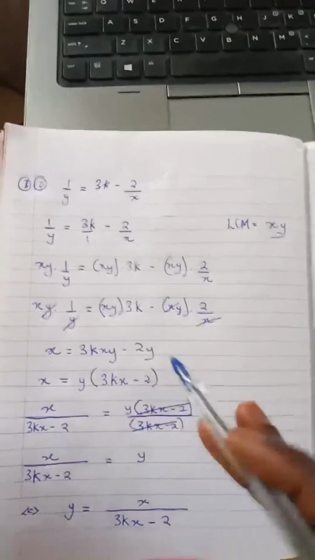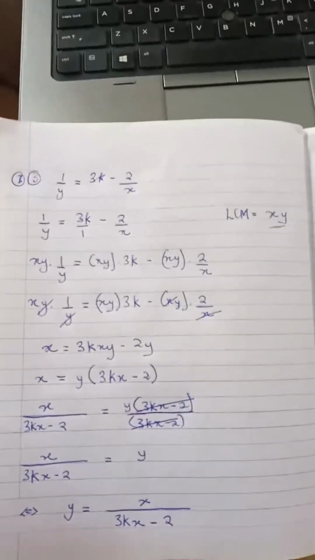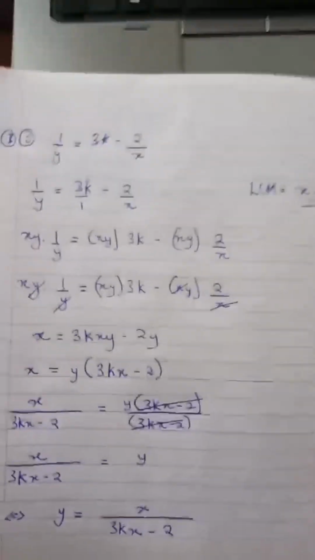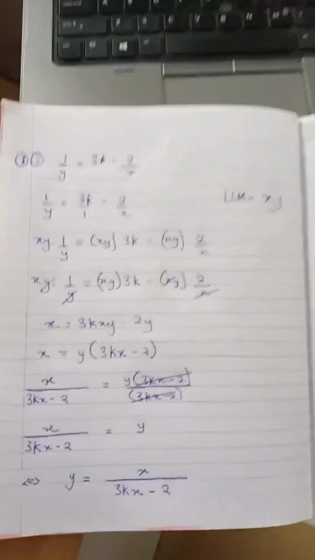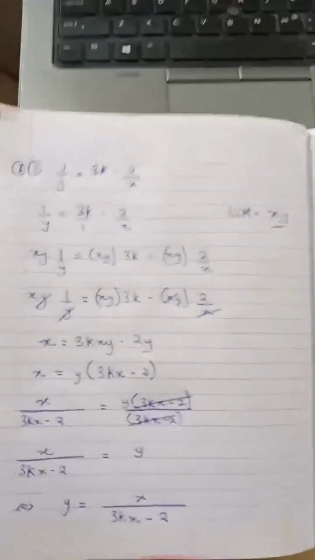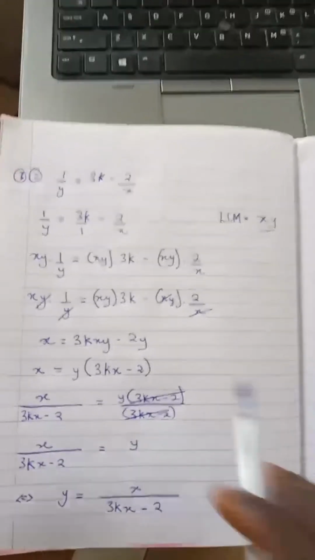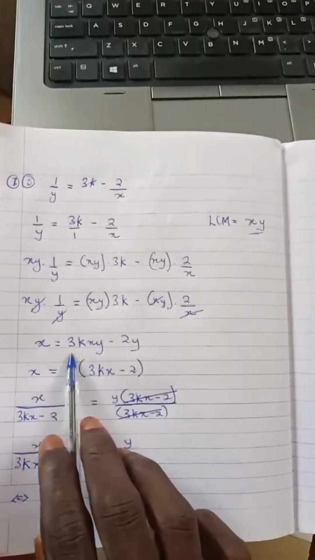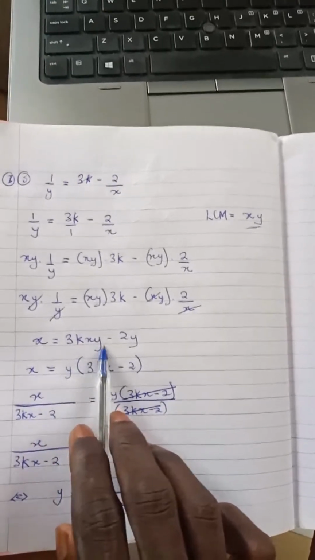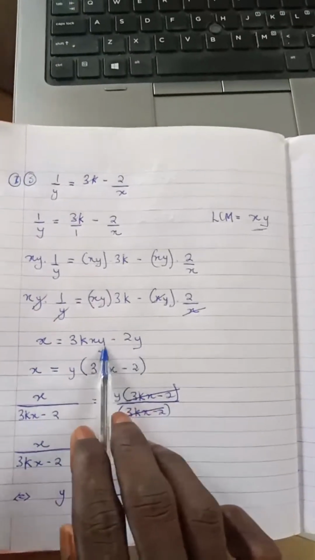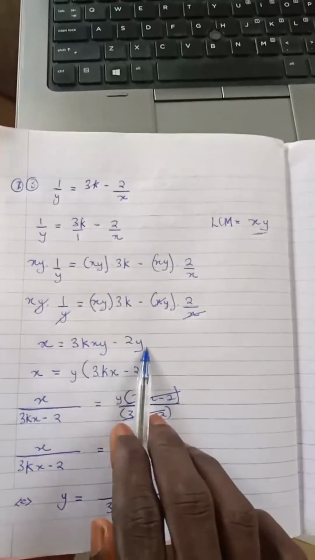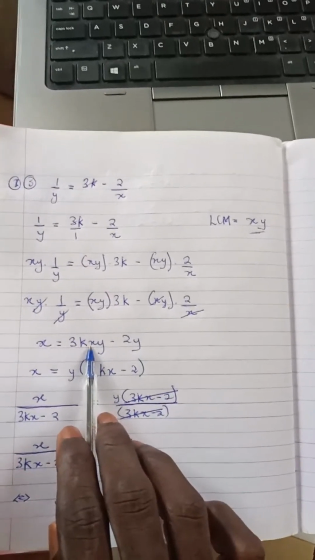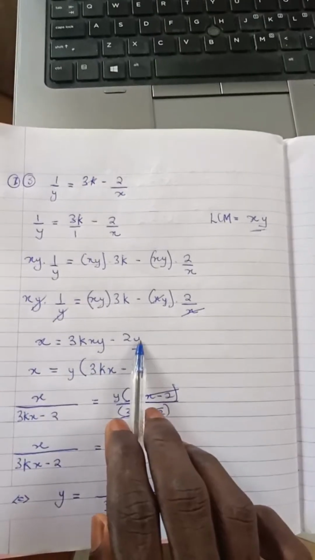We know that making a variable the subject is simply letting that variable stand alone on one side of the equation. So you have x is equal to 3kxy minus 2y. First of all, we have to factorize, because in this term we have y, and in this term we also have y.